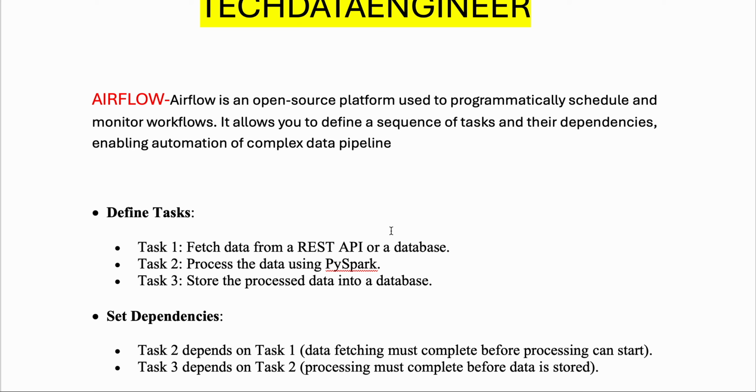So task 2 depends on task 1, and task 3 depends on task 2, because data fetching must complete before processing can start. Okay. And similarly task 3 is to store the data, so without processing we can't store the data. Okay. So there are dependencies.